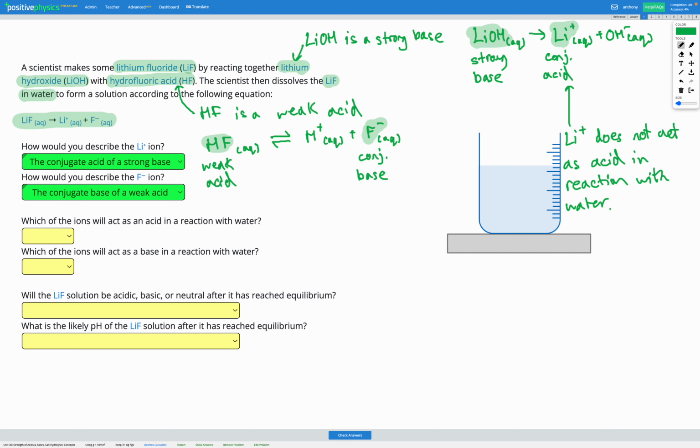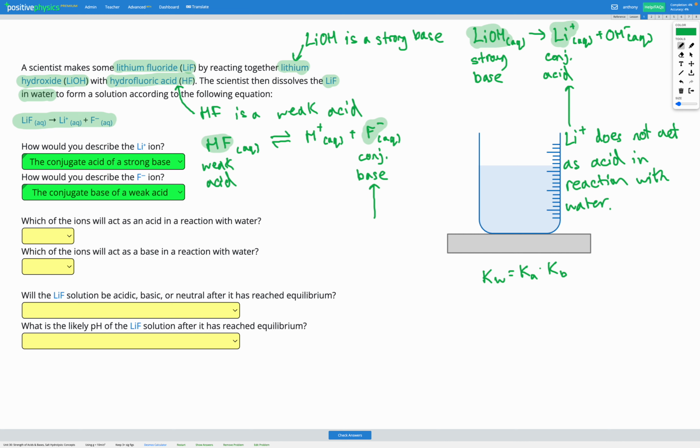And our reason why is that LiOH is a really strong base. And remember, according to our Kw equals Ka times Kb equation, if we have a really strong base with a really big Kb value, that means we have a really weak conjugate acid with a really tiny Ka value. So Li+ is so weak, it's not going to act as an acid in reaction with water. What about our F- ion?